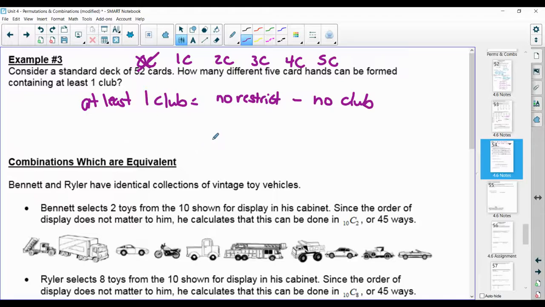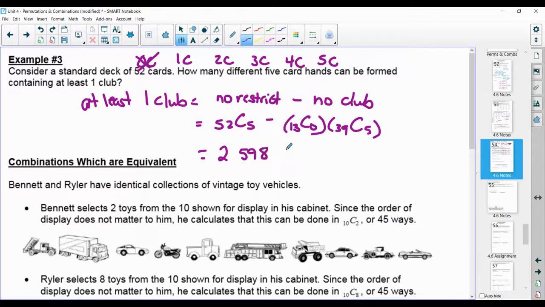So at least 1 club is going to be no restrictions. Well, no restrictions is 52 choose 5 minus no clubs, which is 13 clubs choose 0 times 39 clubs choose 5. Well, we know from before that 52 choose 5 was 2,598,960.